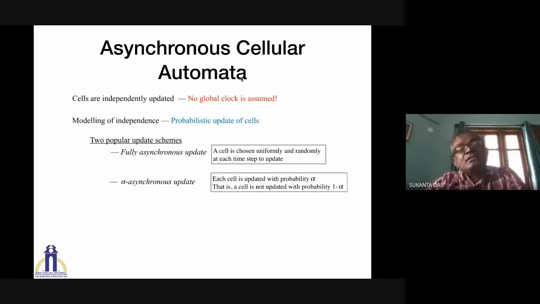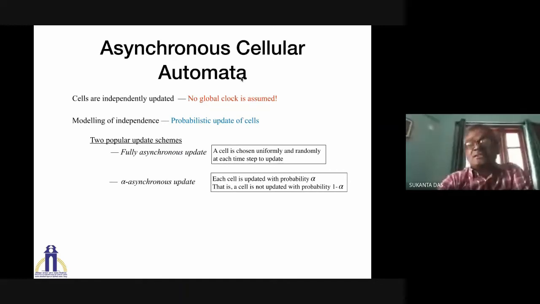finite cellular automata are considered. Although in the definition there is no mention of finiteness, and a CA may be infinite, in the literature they consider the cellular automata as finite. This is assumed, so generally finiteness is considered here.